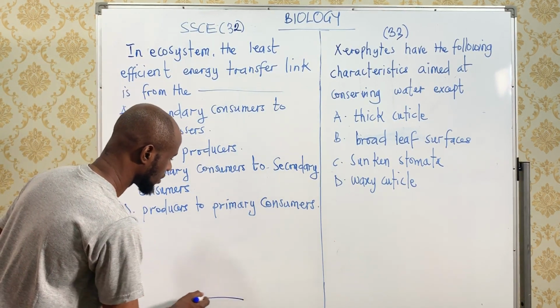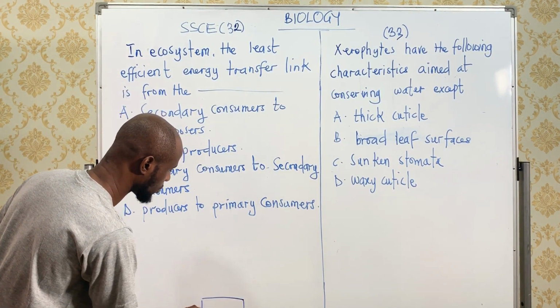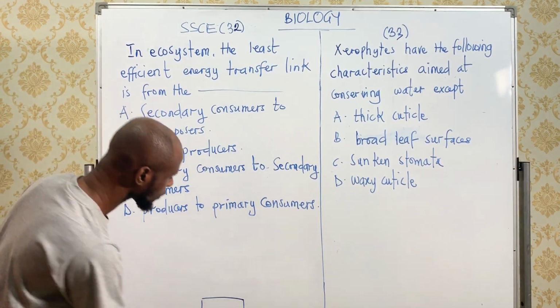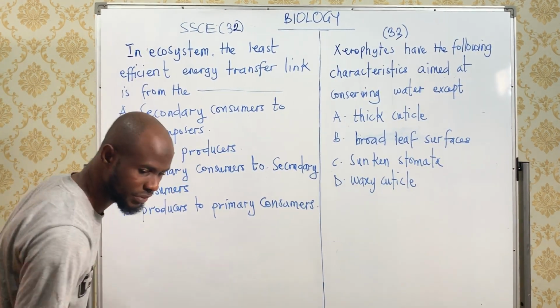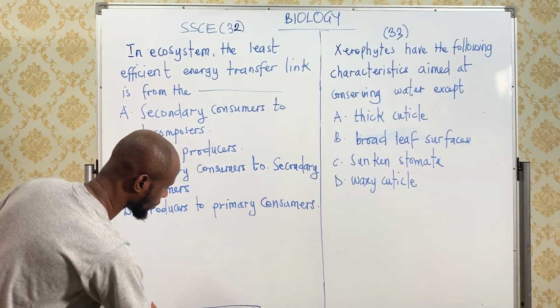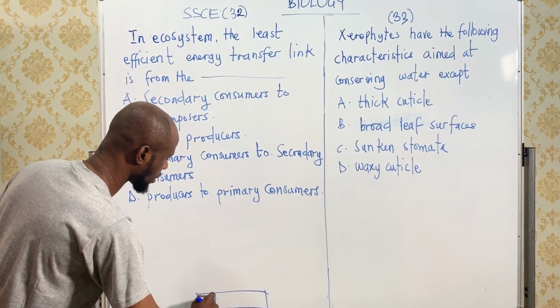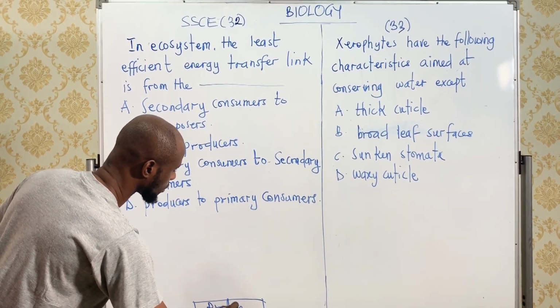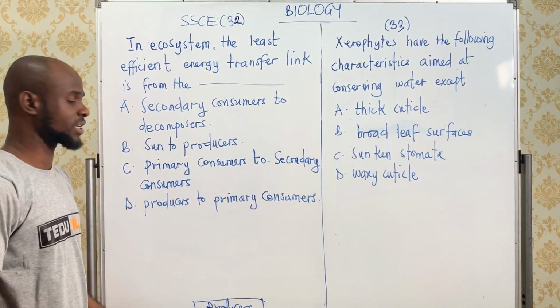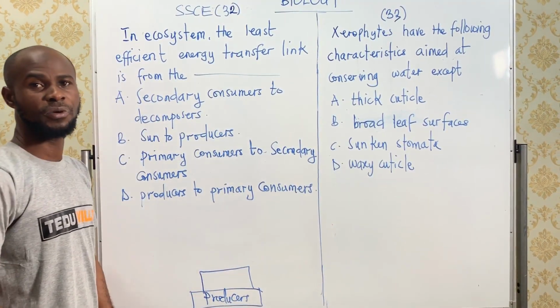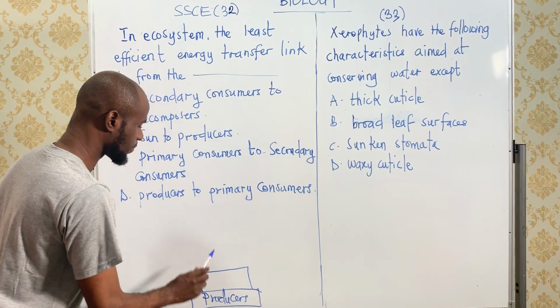We know that the primary producer is always at the bottom. Let me work this out as a pyramid of energy. We have the producers here. After the producers, we have the primary consumer.